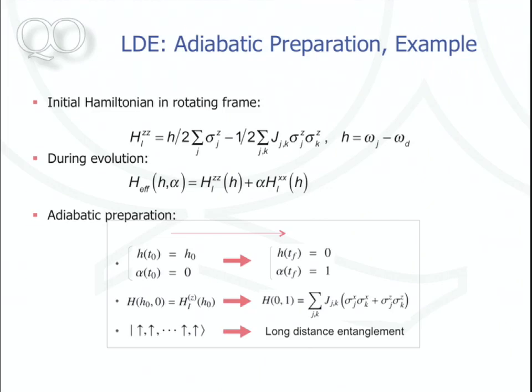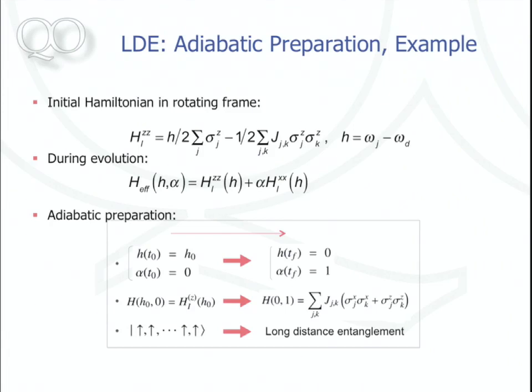Okay, so we have the coupling constants, we have more interesting coupling patterns and Hamiltonians, and the final step is now to do this adiabatic process. We start with a Hamiltonian that is simple to prepare in our system, which is simply all spins aligned, a fully polarized state. And we have this parameter h, which is the tuning of our microwave field, and this parameter alpha, which is the amount of XX coupling that we admit.